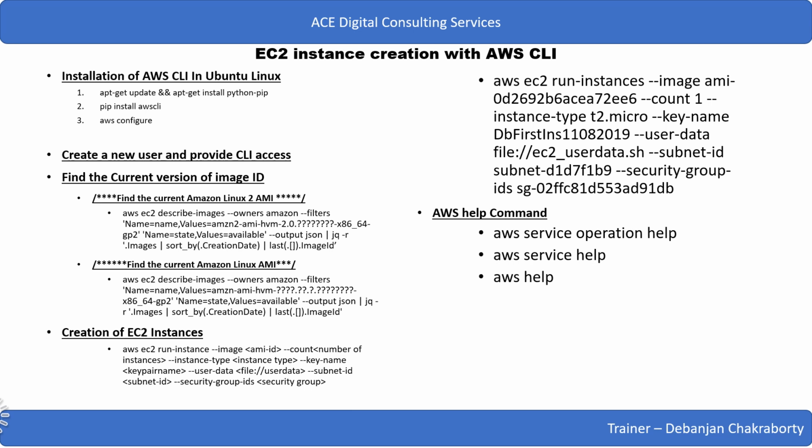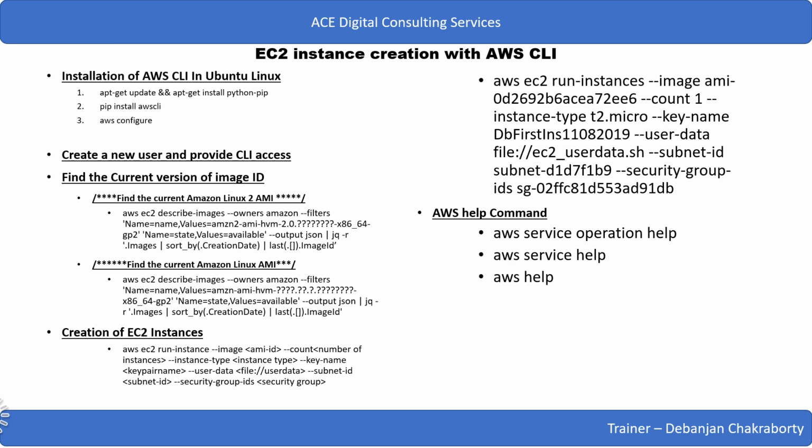Once the Python packages have been installed on your local server or local desktop, you need to install the AWS CLI. Once the installation of AWS CLI has been completed, you need to configure it with the configure command. AWS configure is the command. I will show you the configure command in the next slide.